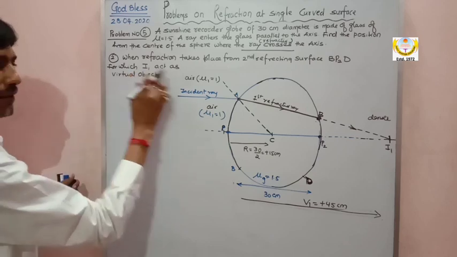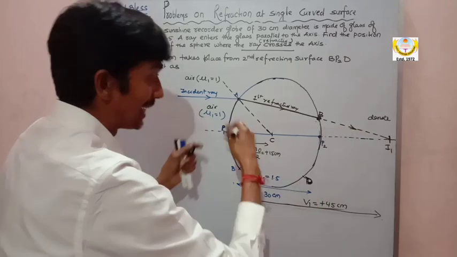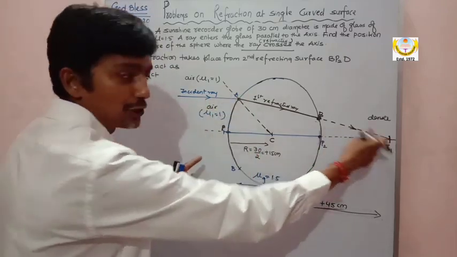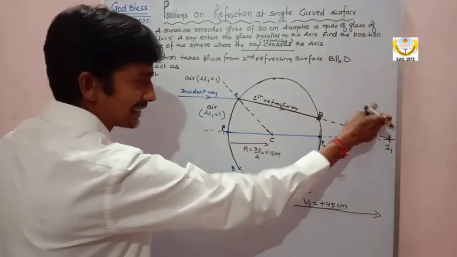This I1 is a real image for this particular surface, where it is in the denser medium.